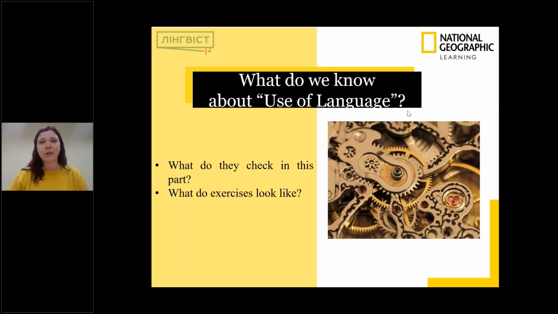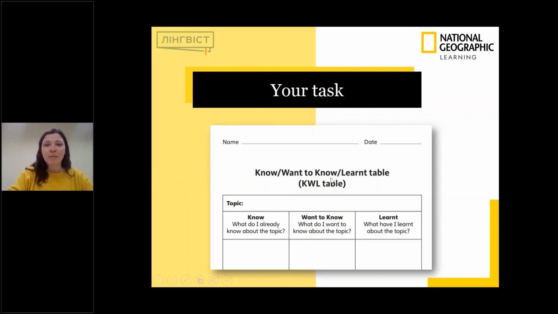When you registered for the webinar, there was a little button that led you to a task from me to complete two columns of the table, like a know, want to know, and learned table.